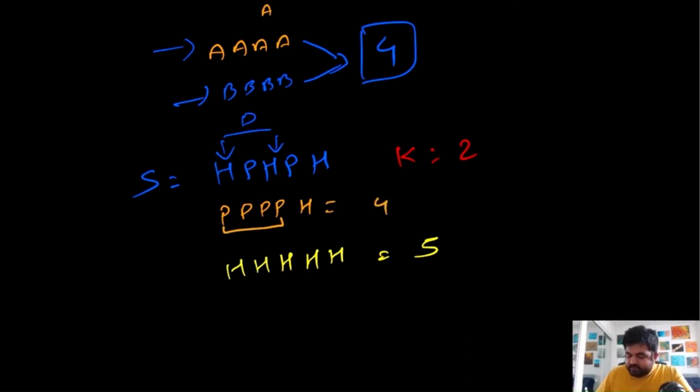So this is 4 and this is 5, and we need to return the longest. That's why the most optimal way in this case is to replace these two P values with the letter H, and we don't do the P operation.